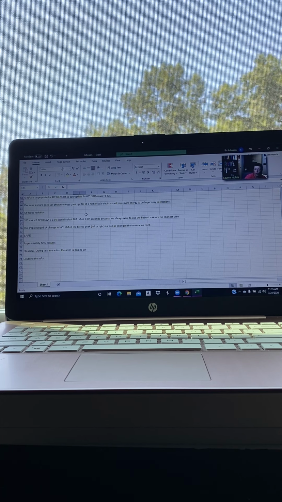Now your SID changes to 60 inches. What mAs do you use? So you should set it up as 6 over x equals 48 over 60 squared, and then work it out. So 6 over x equals 48 over 60 squared, and that should yield around 9 mAs.